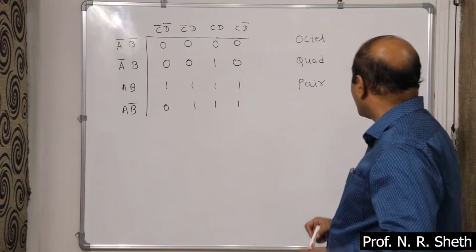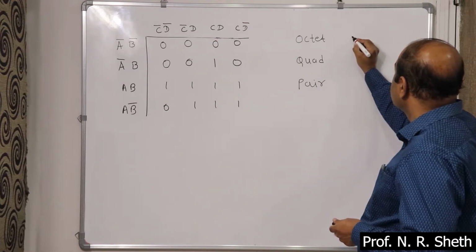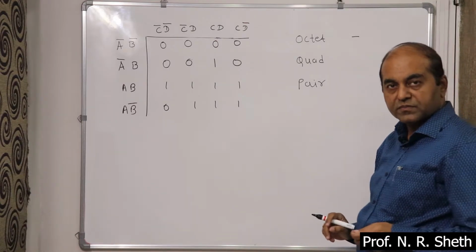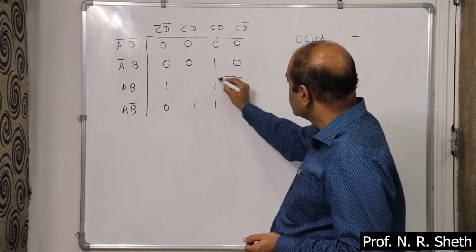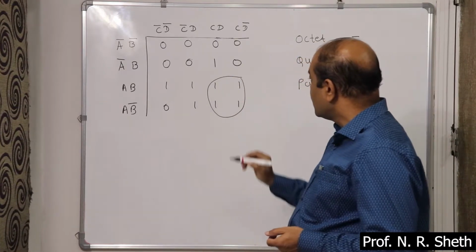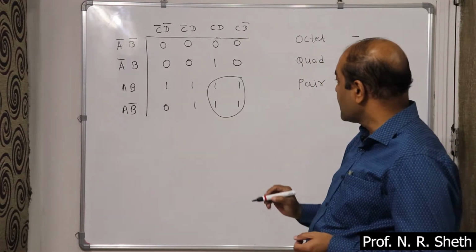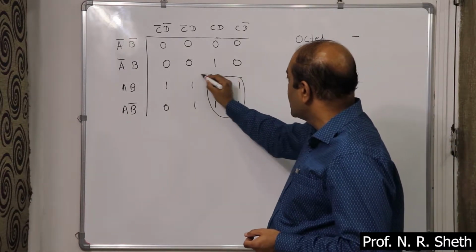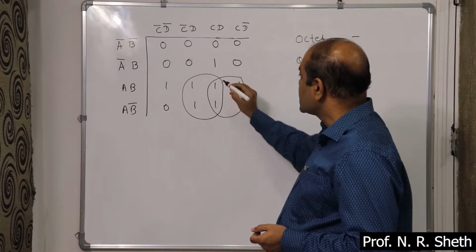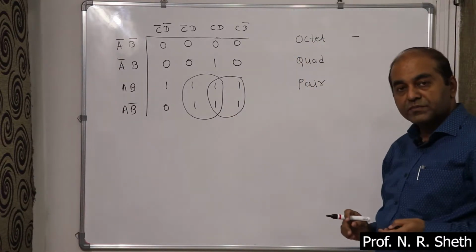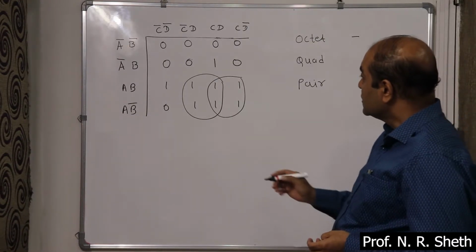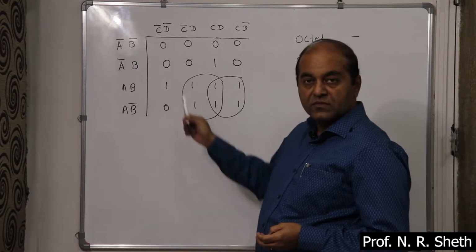So octet not possible. First group, second group, then this one is left.